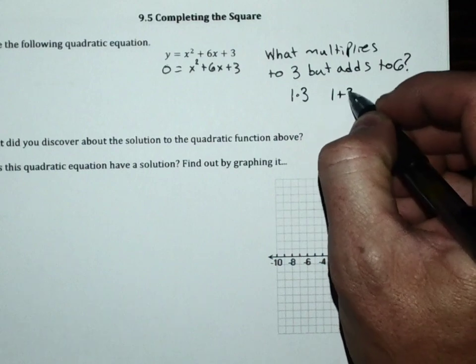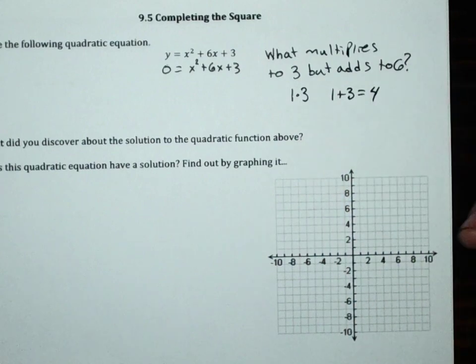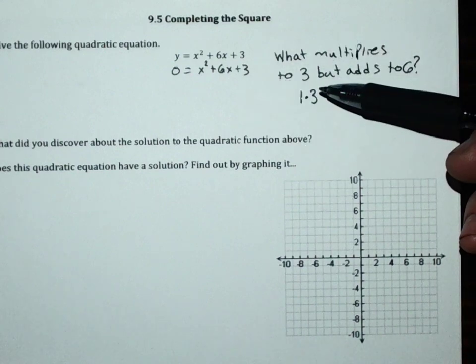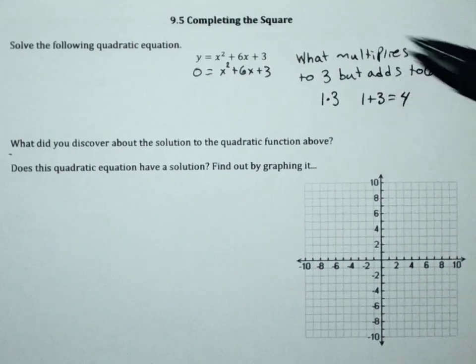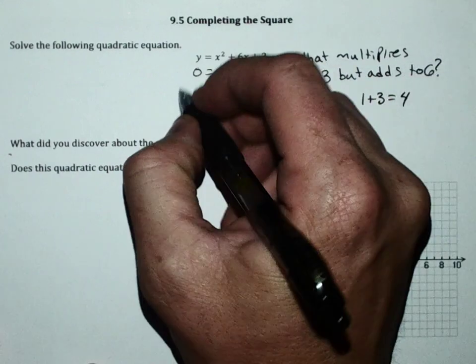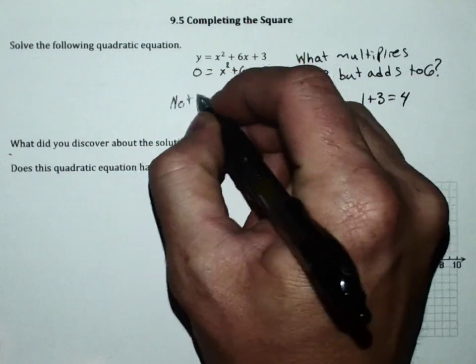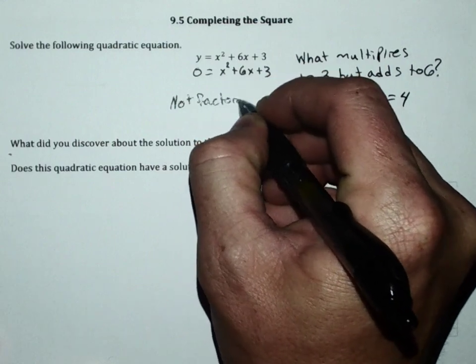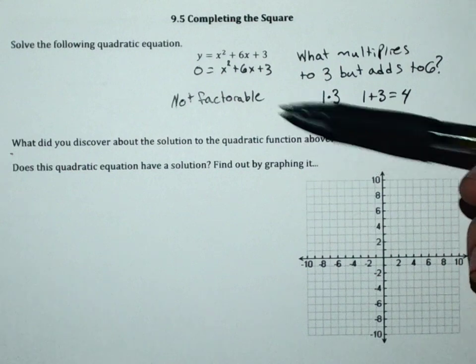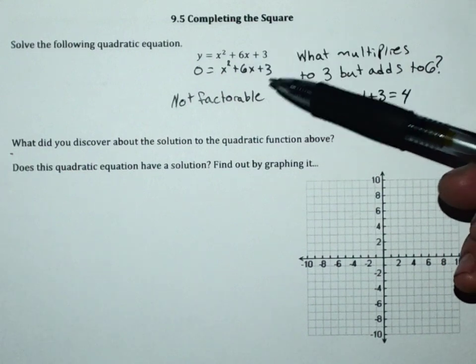But 1 plus 3 is 4, not 6. So this doesn't factor. There is absolutely no way to solve this by factoring if it doesn't factor. So therefore we must have another way to solve this, if indeed this has a solution.